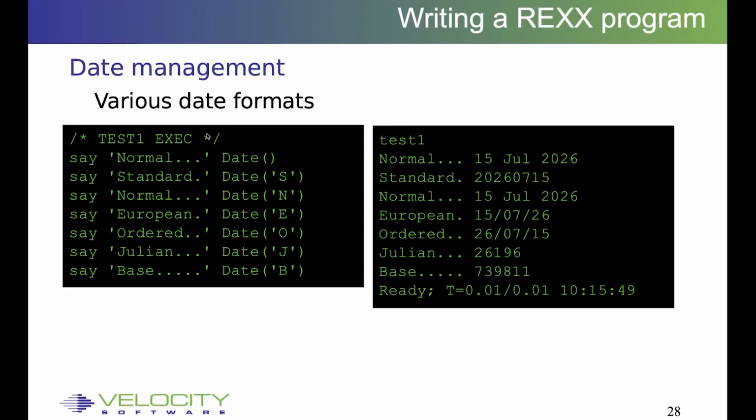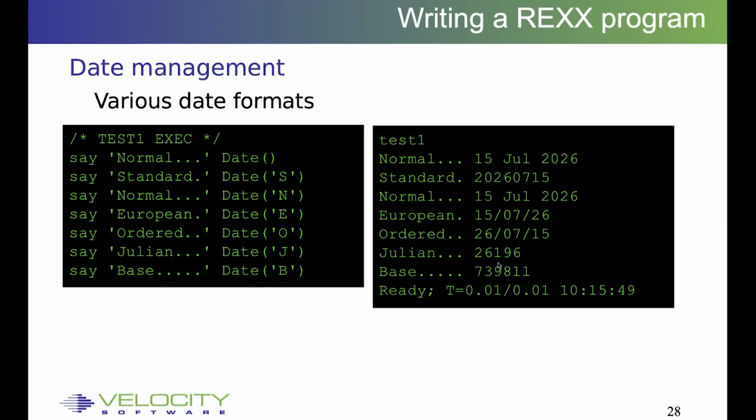So I just have this exec that displays the long format name, and then inside the date function is the first letter of the format name. And this works for input format and output format, which we'll talk about soon. So all of these have a short form of the format name.